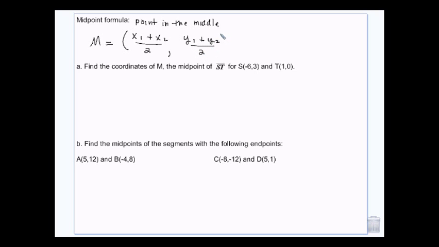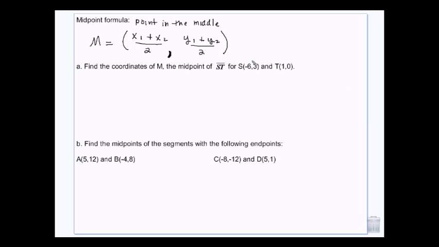And then you're dividing them by 2, and it's in parentheses with a comma between it. The reason it's in parentheses with a comma between it is because you're finding a point. So you're finding an x, and you're finding a y. Make sense at all? Okay. You divide by 2 because that's how you figure out where half is. Halfway between the two x's, and you divide it by 2.